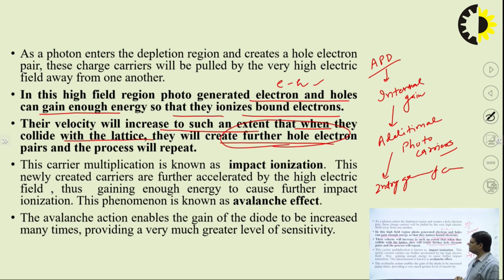So when this photocarrier multiplication takes place for the first time, the phenomenon is known as impact ionization.